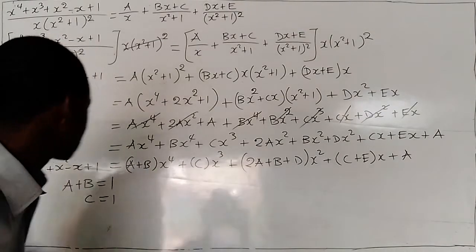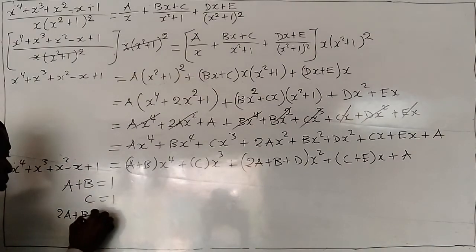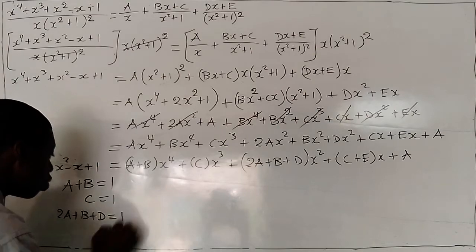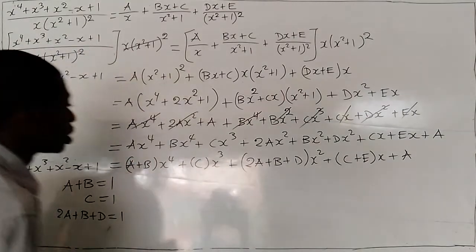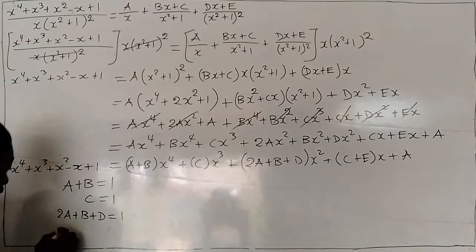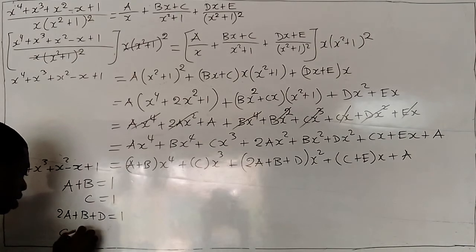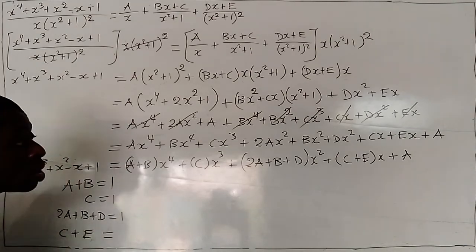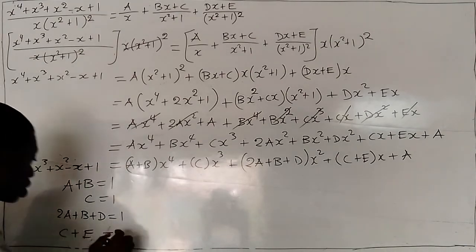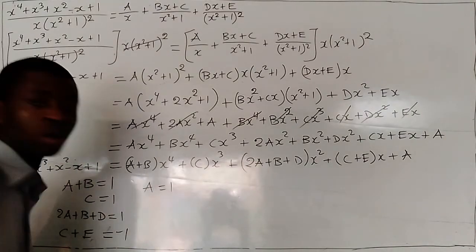Whatever is the coefficient of x squared, we are saying 2a plus b plus d equals 1 as well. And whatever is the coefficient of x here, we are saying that c plus e equals minus 1, and finally a equals 1.